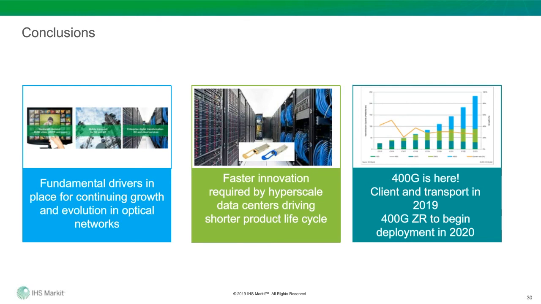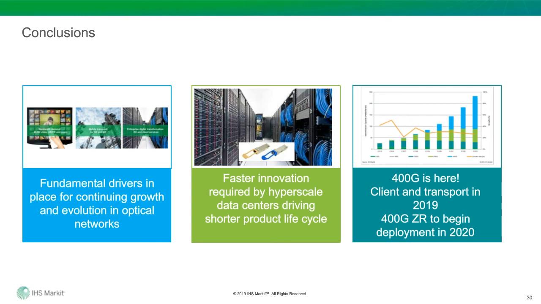At IHS Market, we're expecting 400 gig plus, so 400 gig, 600 gig starting deployment here in 2019. We're going to see 400 gig datacom starting in earnest in the second half of 2019.